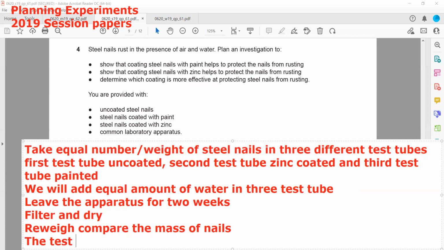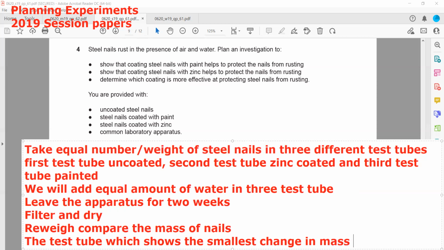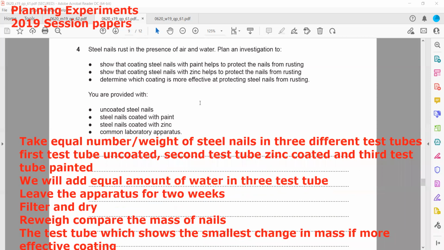The test tube which shows the smallest change in the mass has the more effective coating. So that's how we work out which coating is more effective.